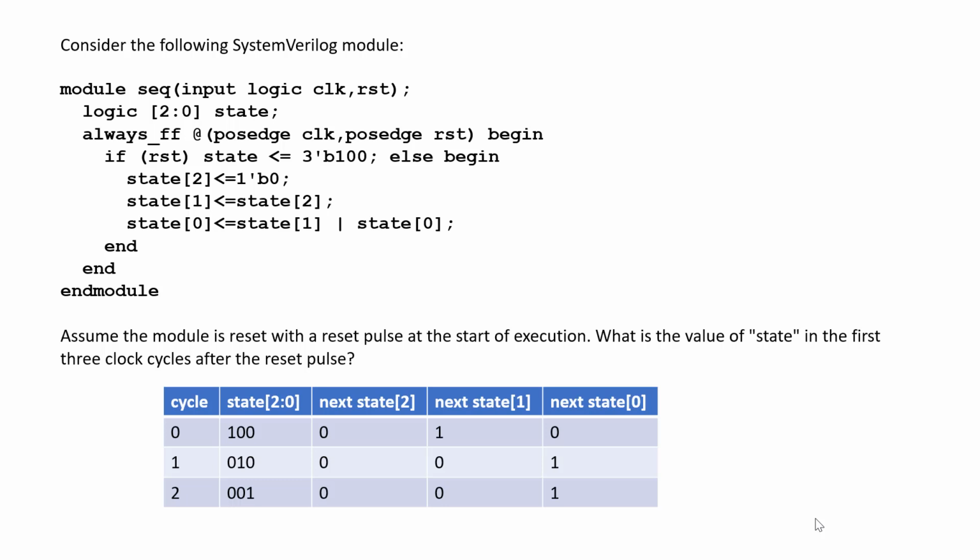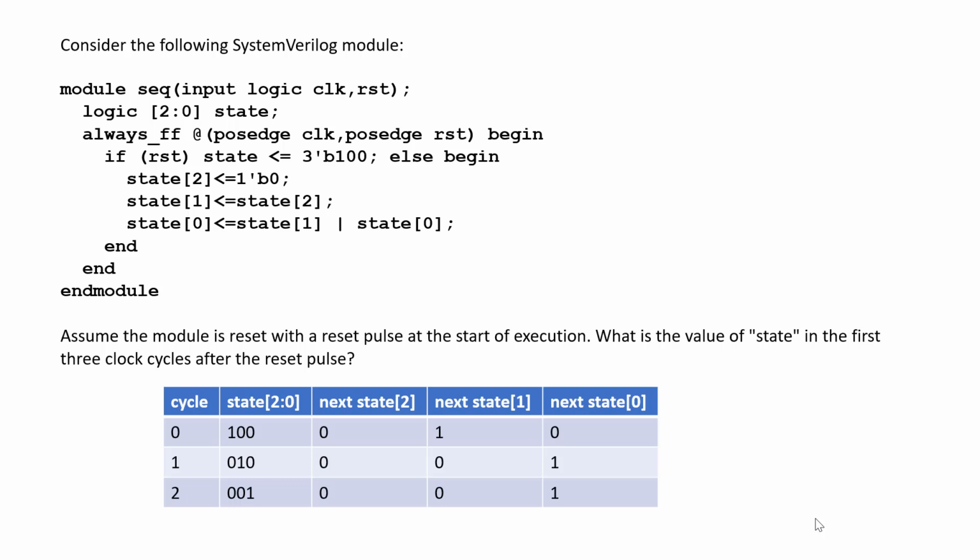And then the next state bit 0 is going to be the current state 1 ORed with current state 0. So the low order 2 bits will be ORed together, and the answer there will be 0. Everyone see that?